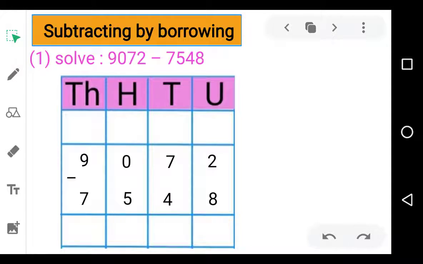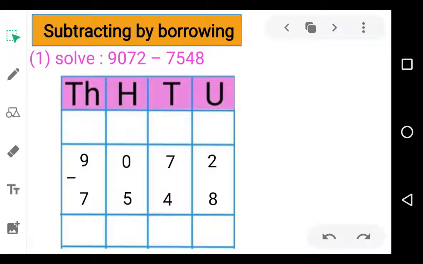Now subtract it. So at the unit place we have 2 and 8. We have to subtract 8 units from 2 units. Can we subtract 8 from 2? No, we cannot subtract 8 from 2. So for that we untie 1 ten from 7 tens.